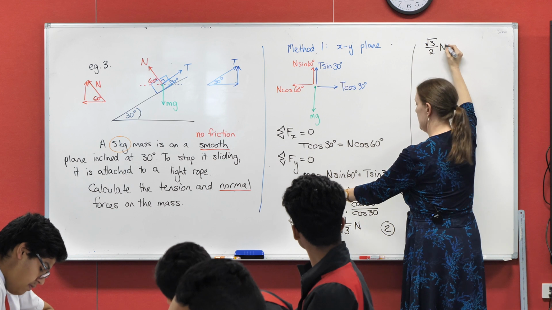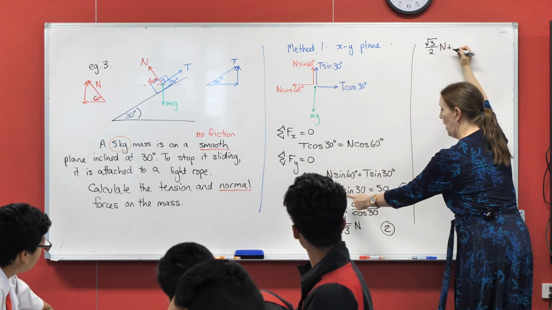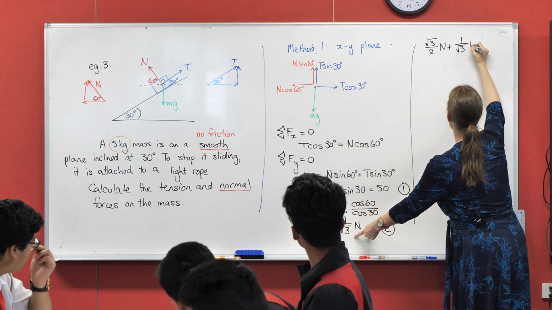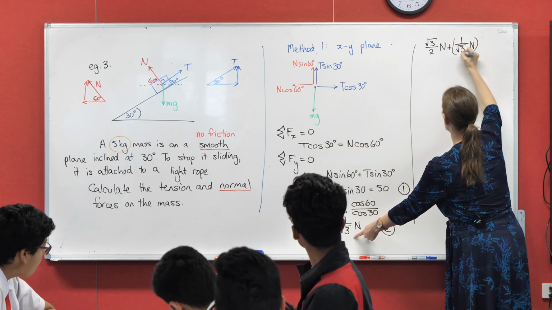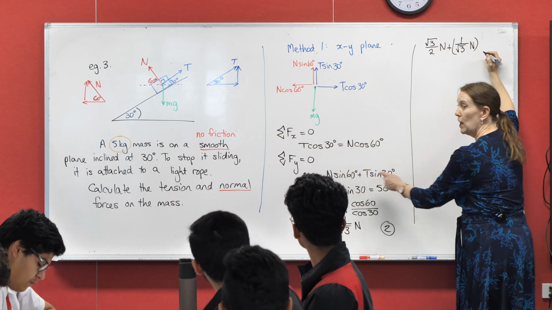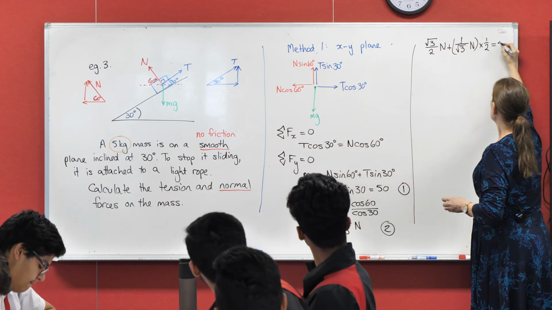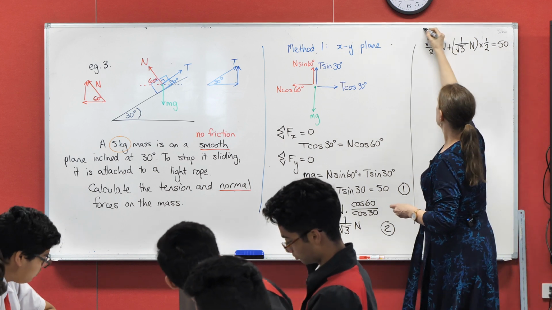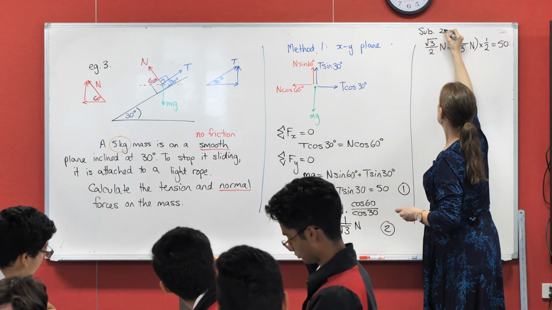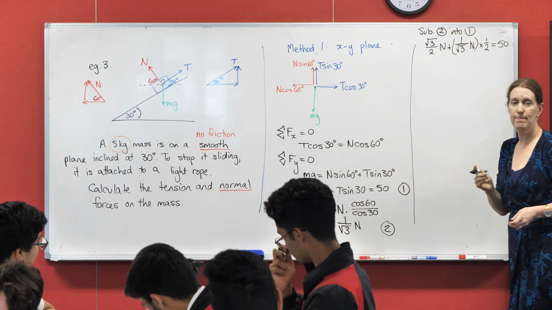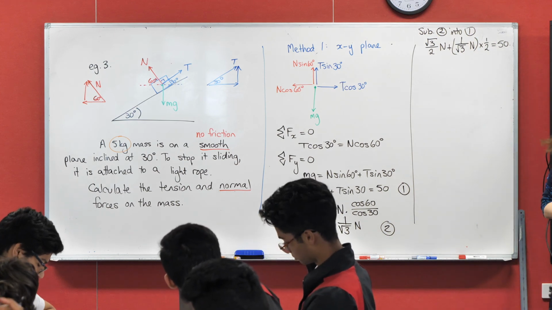Root 3 on 2 N. Plus, I'm changing T for this, 1 over root 3 N. I should actually tell you what I did, but I'll do that in a second. What's sine 30? And that equals 50. And I am subbing 2 into 1. Just so you know. This is looking good.